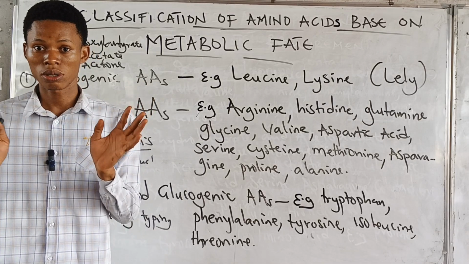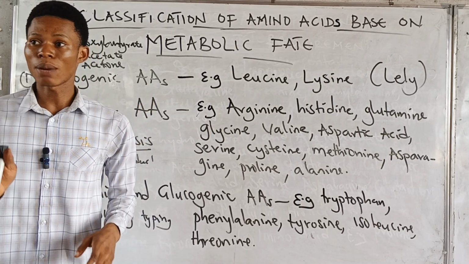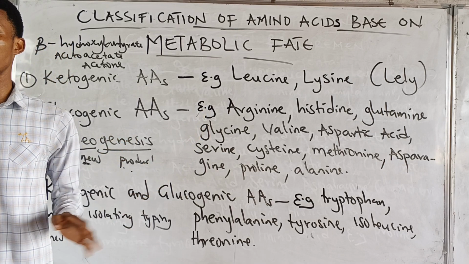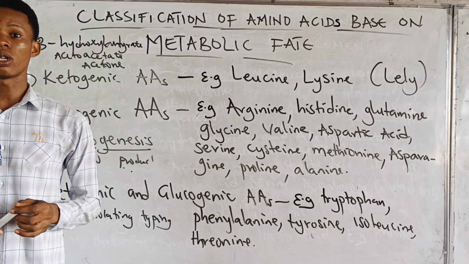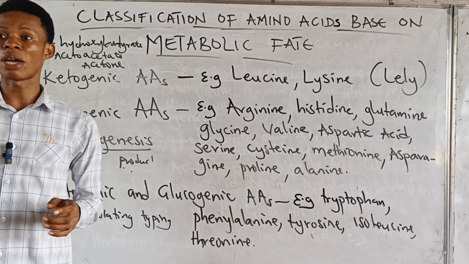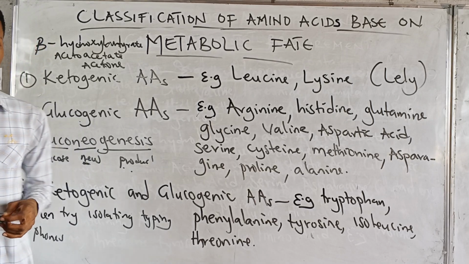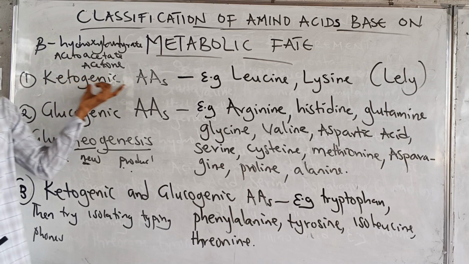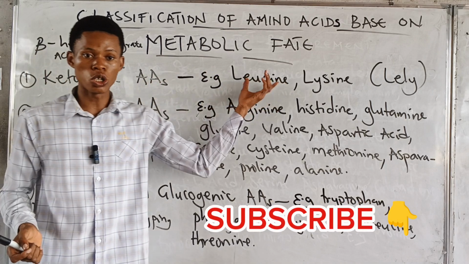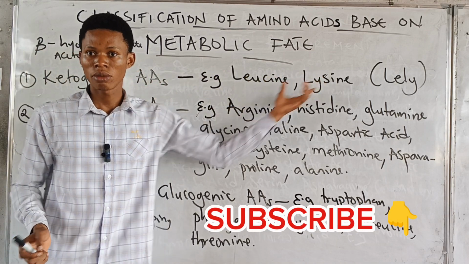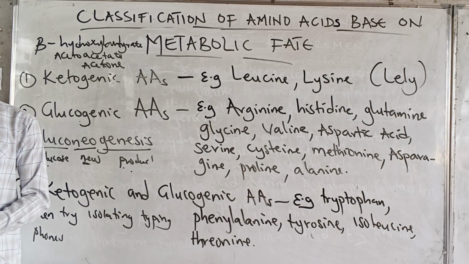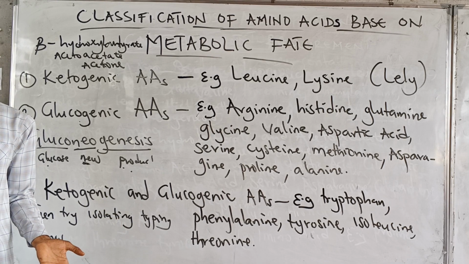Relax, you're going to know them, because after the next subheading we are going to write the 20 amino acids and draw them. So I'll write the ketogenic, which is lely, leucine and lysine. Then for both ketogenic and glucogenic, I'll say then try isolating typing phones.